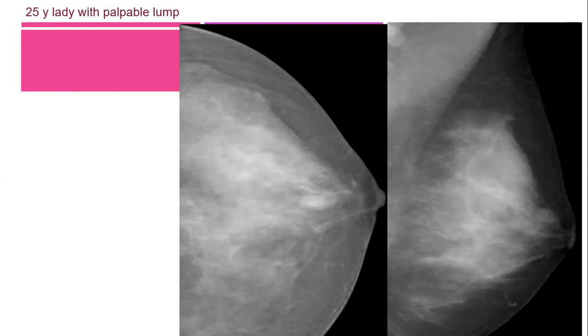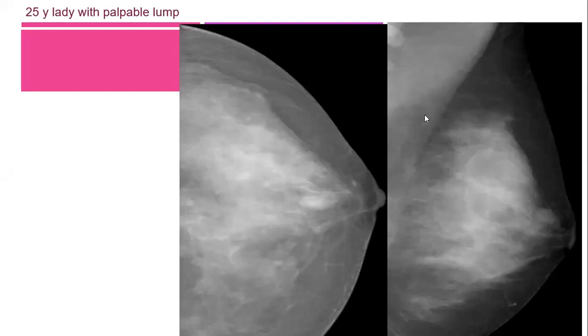The lesion extends beyond the fat glandular interface, abutting the adjacent subcutaneous fat, and I could not see the margin very sharply. So I need to clarify it, either with spot magnification or ultrasound.